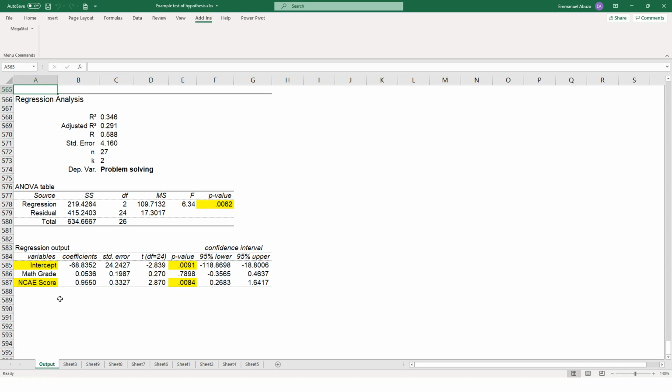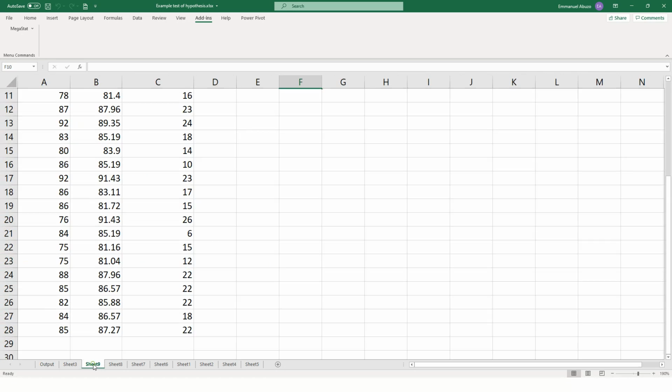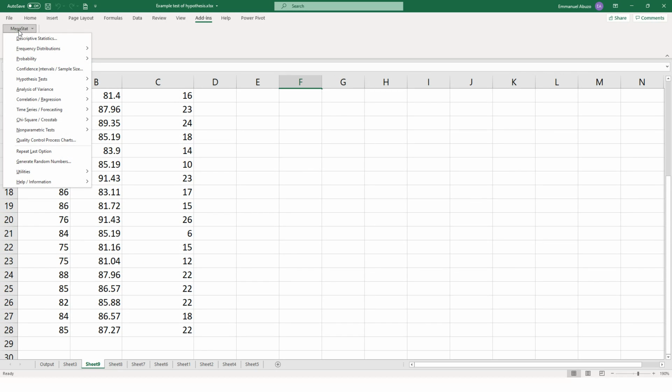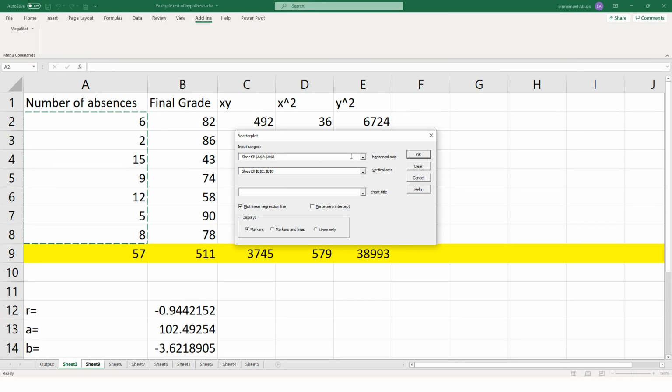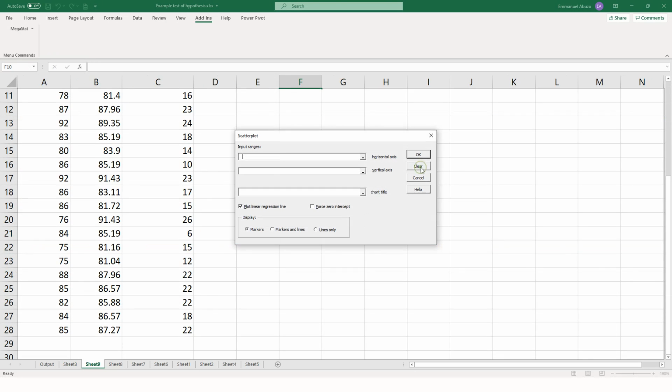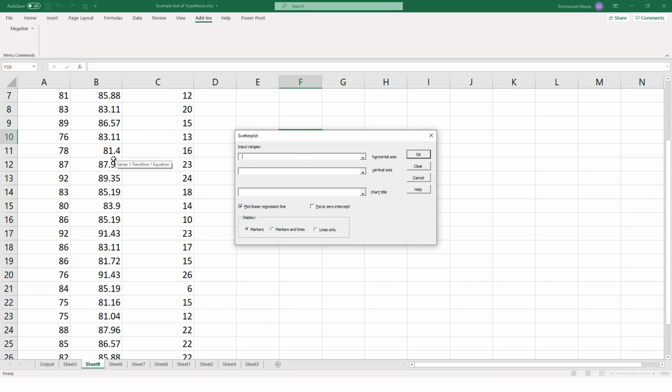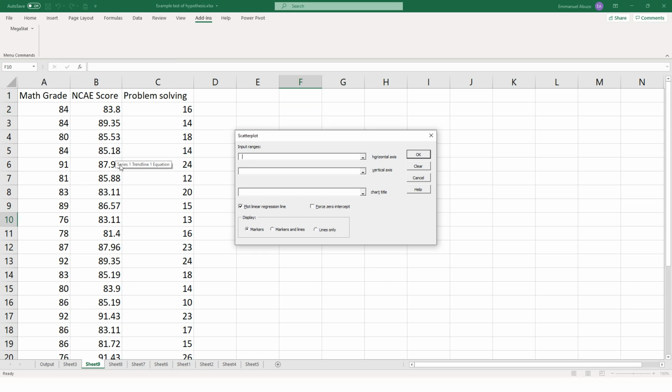Now, if we wish to plot this in our Cartesian plane, we go to MegaStat, then regression, scatter plot, and choose the horizontal axis. In this case, by the way, we could not have this one.